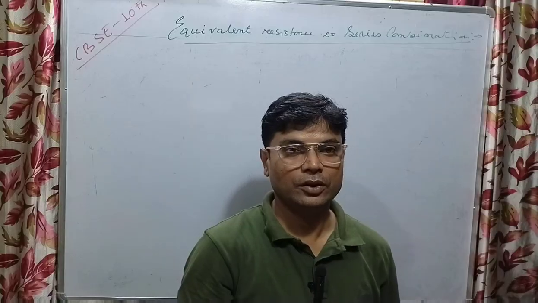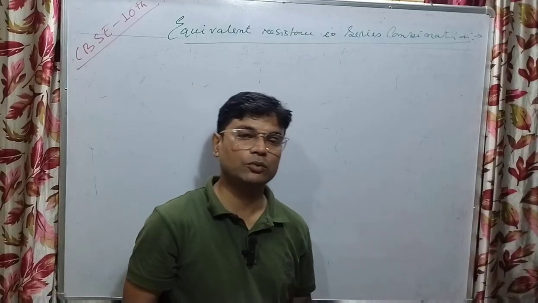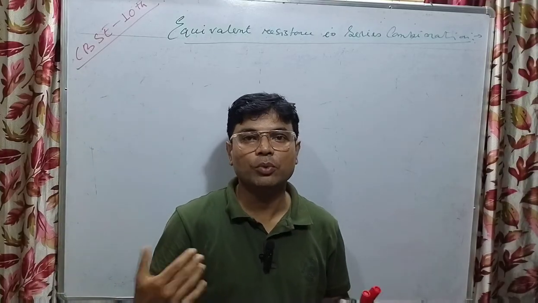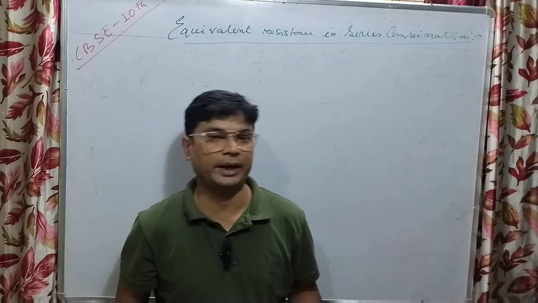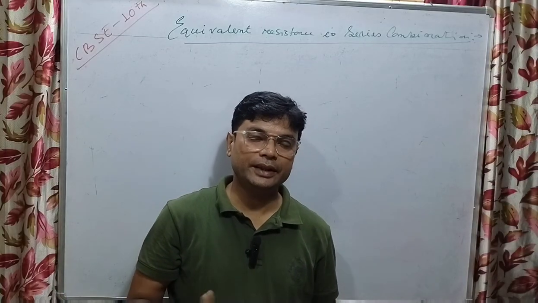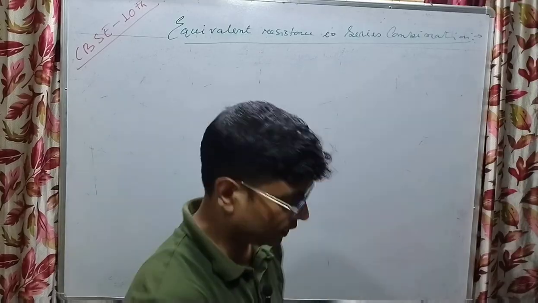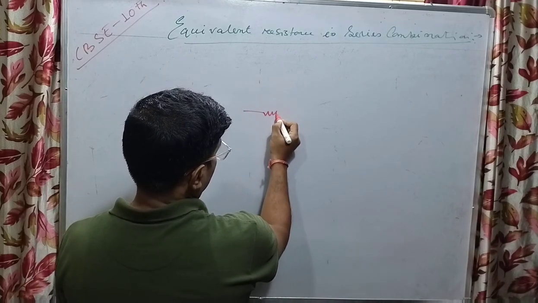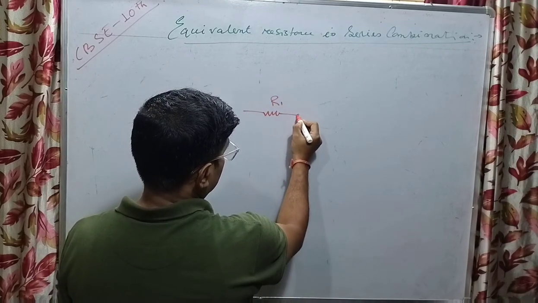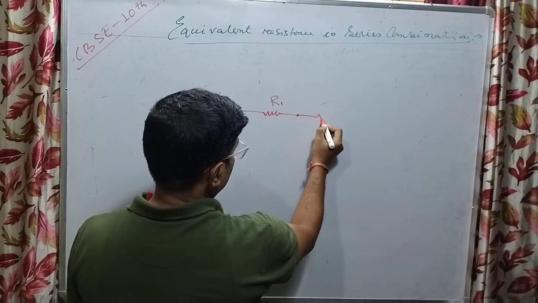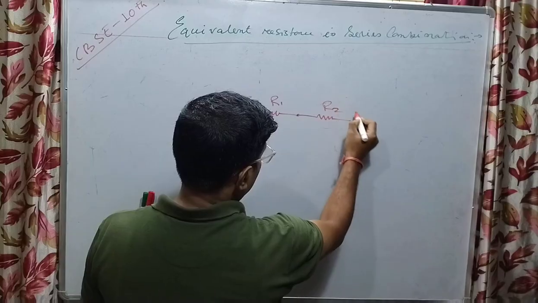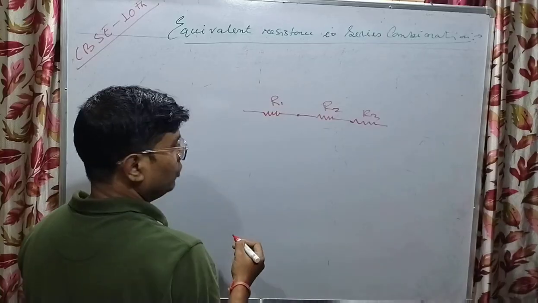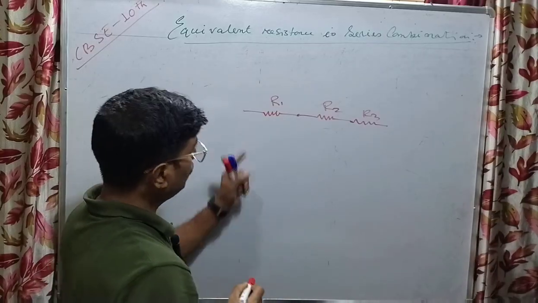Before that, what is series combination? We need to understand what is series combination. Clearly, when two or more resistors are connected end to end, then it is called series combination. Suppose three resistors, R1, here is another resistor R2, and here is another resistor R3.